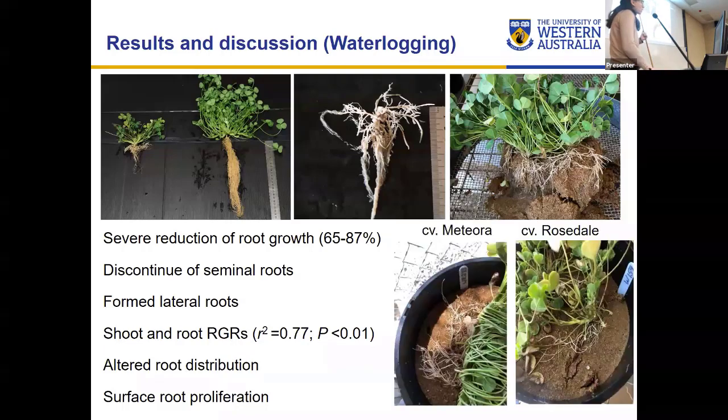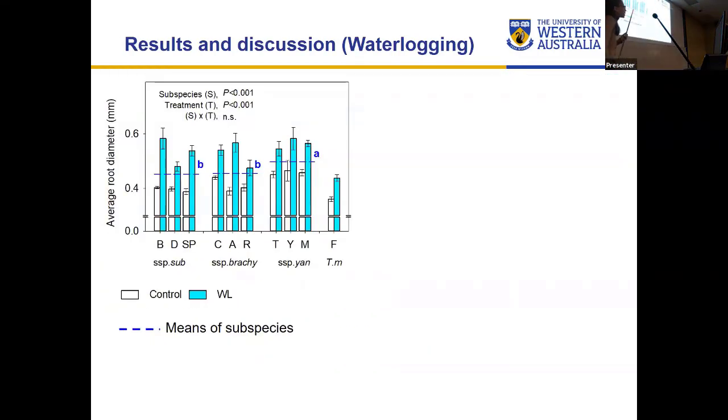But visually, those cultivars with higher waterlogging tolerance, such as cultivar Meteora, subspecies Yanninicum, had grown more vigorous surface roots than cultivars showing less waterlogging tolerance, such as cultivar Rosedale, subspecies Brachycalycinum. Because of these newly developed lateral roots, the average root diameter increased in the waterlogged condition. It also contributes to increased root porosity.